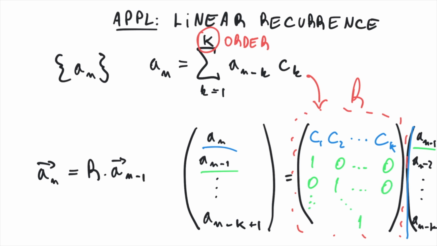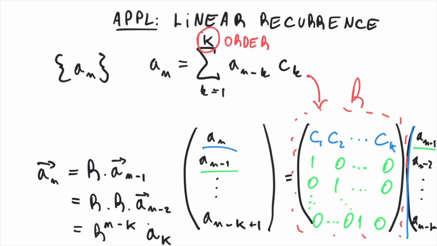In the end, we will have 1, 0, and many zeros. So now we can also say an is R times a(n-2), and generalizing this, we have R to the n minus the order times aK, where this original aK is just the initial condition for our recurrence.